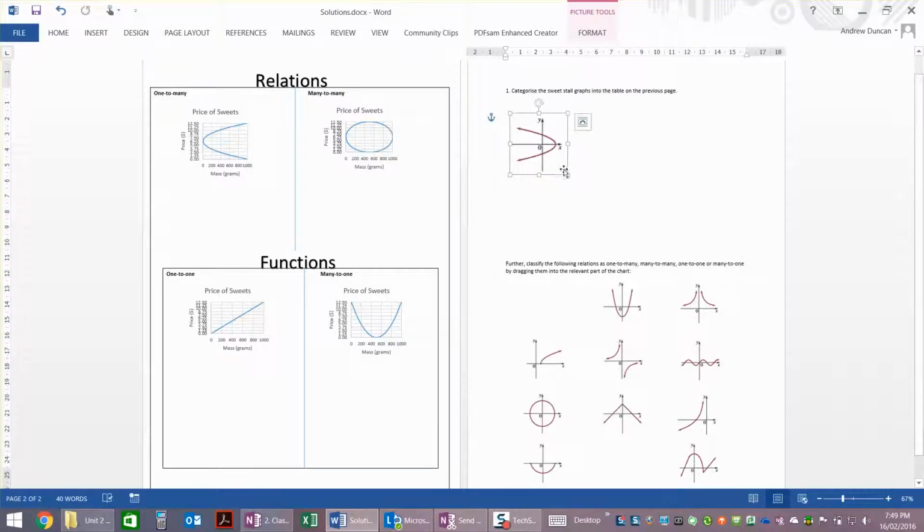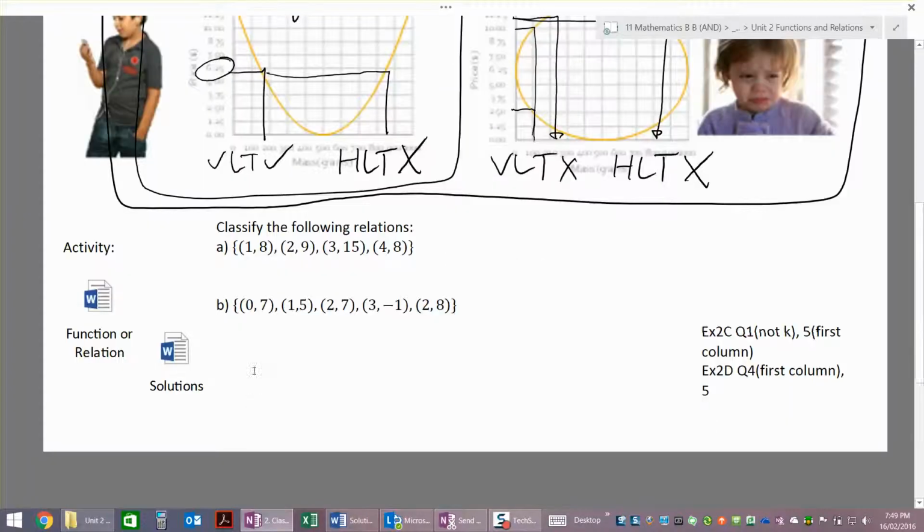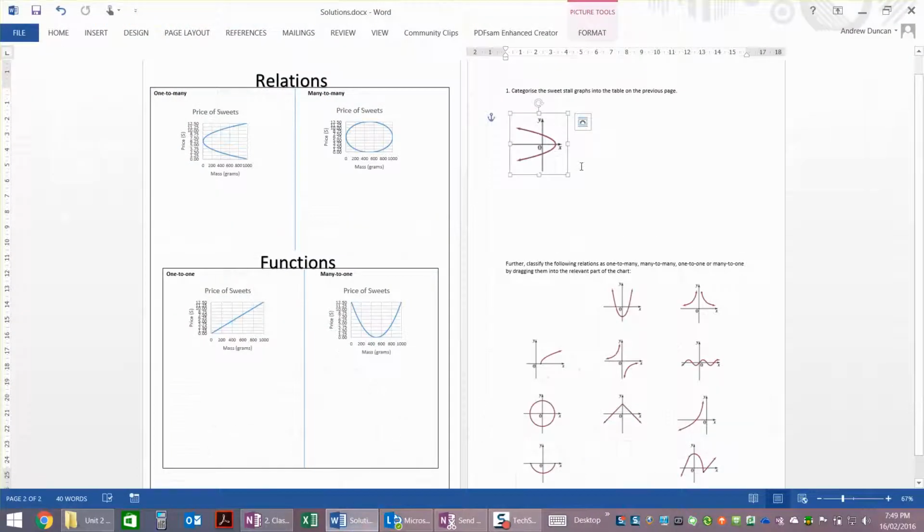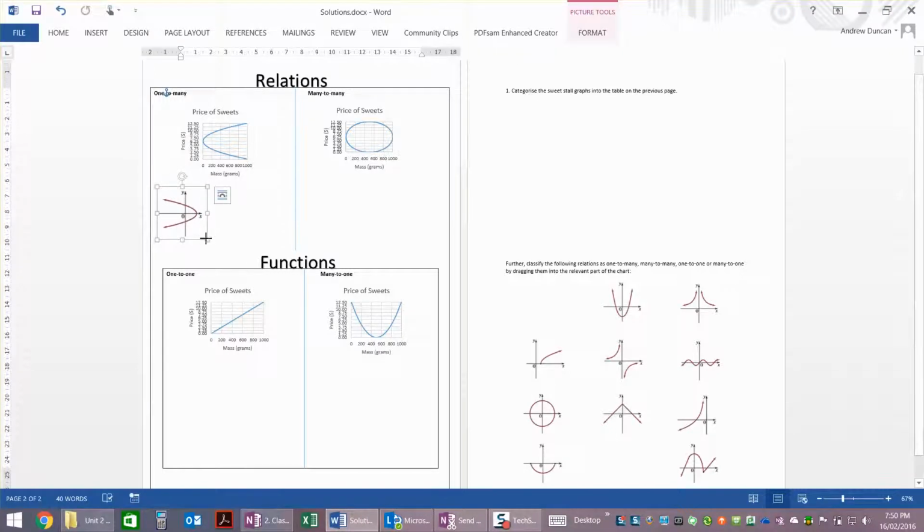So failed the vertical but passes the horizontal. You'll go to your table. Fail vertical, pass horizontal, 1 to many. Feel free to use the table while you're getting used to these classifications, and it might help just to remember those 4 pieces of sweet graphs to use as a guide.